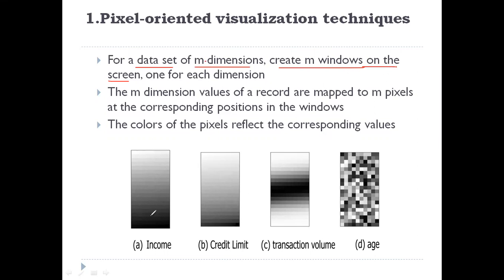For example, assume I have four dimensions. What are those? Income, credit limit, transaction volume, and age. These are the four dimensions I have. For these dimensions, how many windows have I created here? It's obviously four, right?